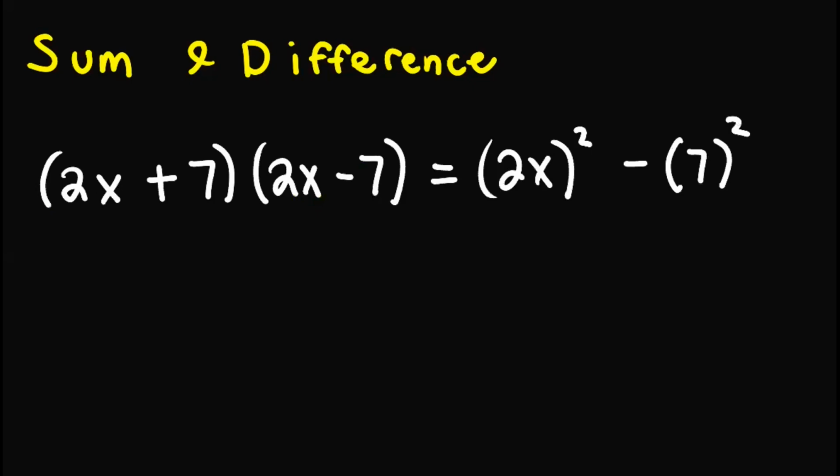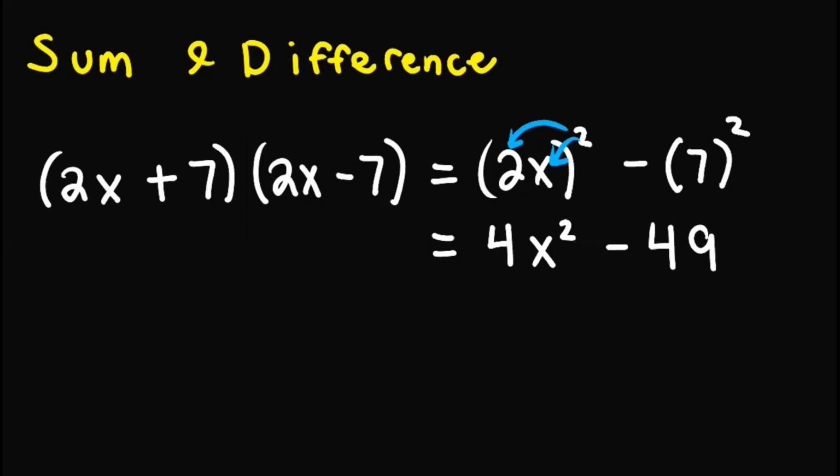Note that this one would distribute by the laws of exponents. So 2 squared is 4, then x becomes x squared, minus 7 squared is 49. And so that is the answer for this one.